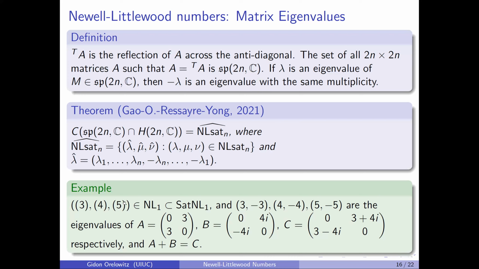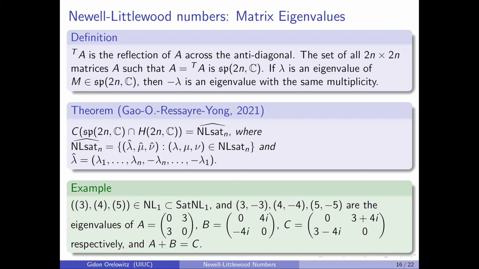3, 4, 5 is a Newell-Littlewood triple. So in particular, it's in the saturated semigroup. And so if we do this sort of mirroring operation to each of them, we get 3, -3, 4, -4, 5, -5. And these are going to be exactly the eigenvalues for these three matrices. And you can convince yourself pretty easily that these are Hermitian.